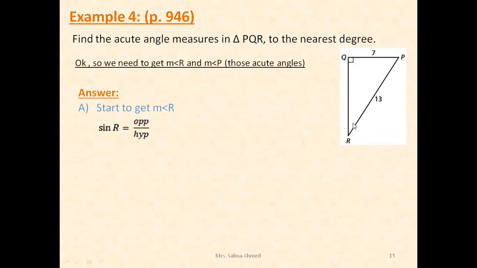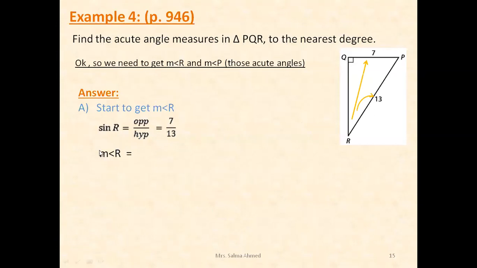Because R has the opposite side, which is known, and the hypotenuse. So it is opposite over hypotenuse. So sine R equals opposite over hypotenuse, which is 7/13.